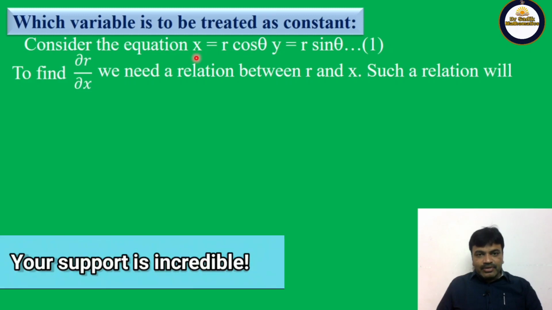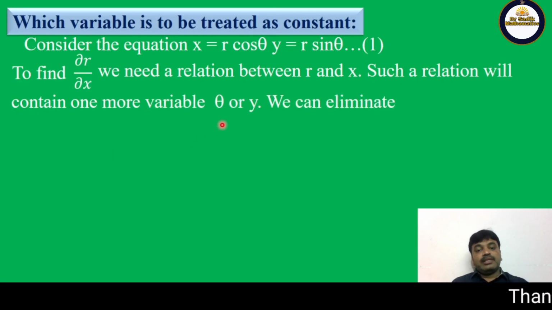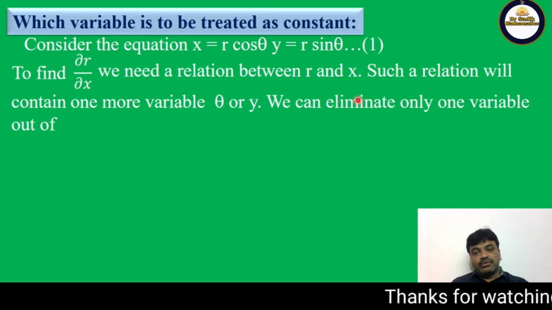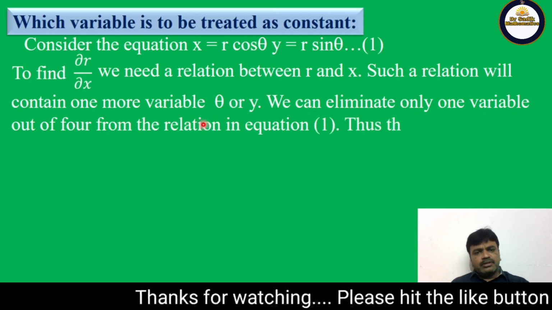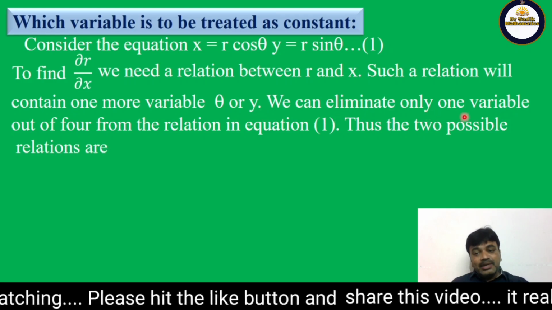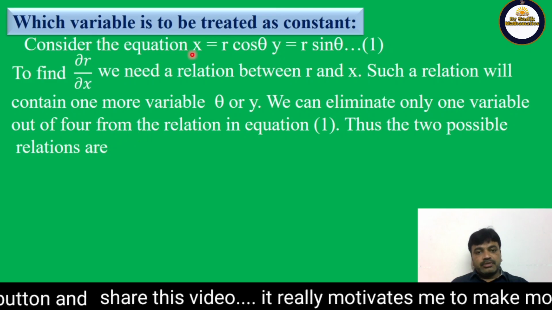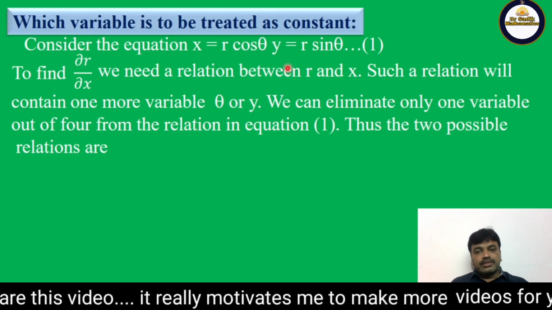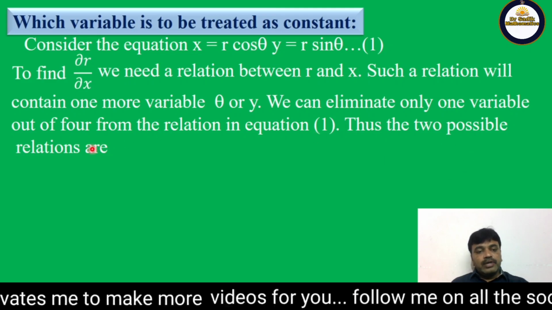Such a relation will contain one more variable, theta or y. We can eliminate only one variable out of four from the relations in equation 1, thus two possible relations.